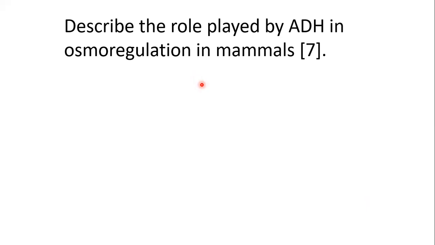Yes, correct. So again, ADH will only be released when the brain detects that there is a decrease in the water potential in the blood. What part of the brain detects this, that has the osmoreceptors? The hypothalamus. The hypothalamus will have these osmoreceptor cells which detect these changes or deviation from the set point, which is the decrease in the water potential in the blood.